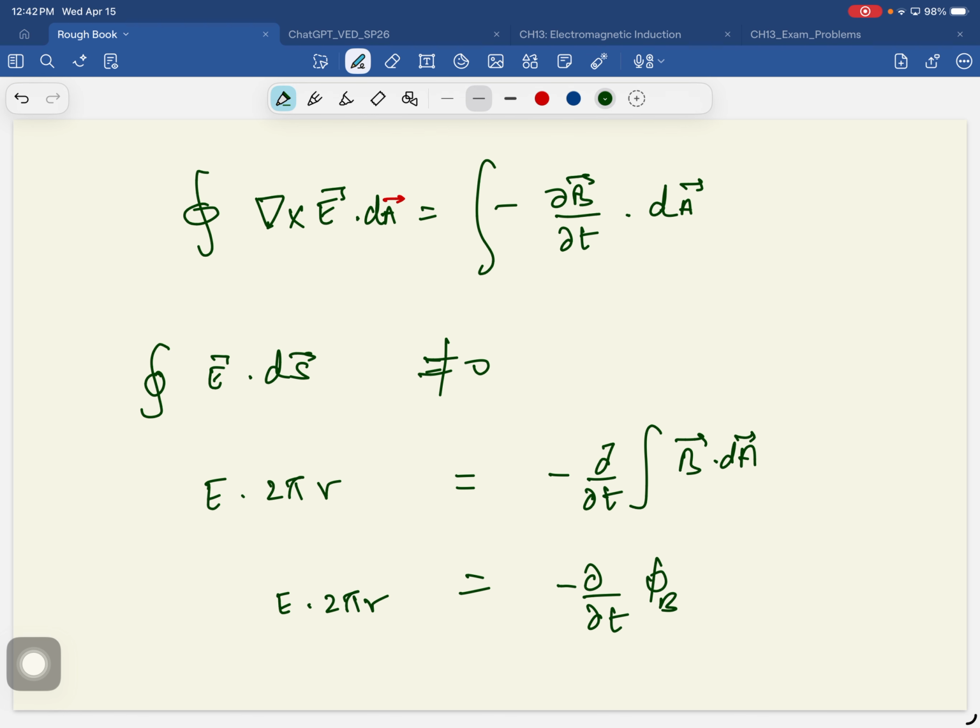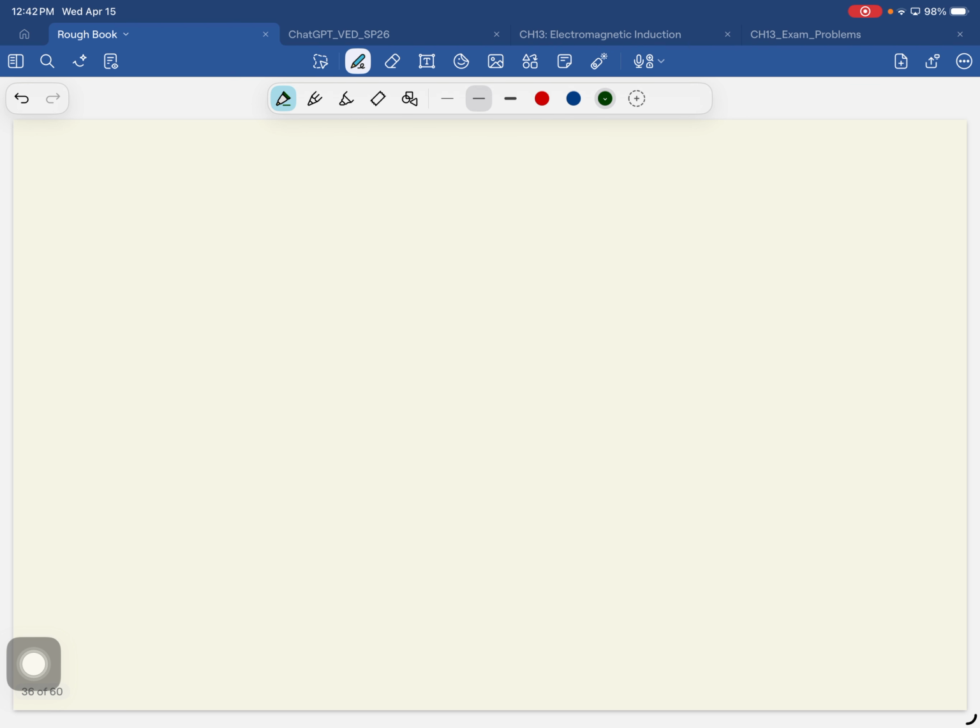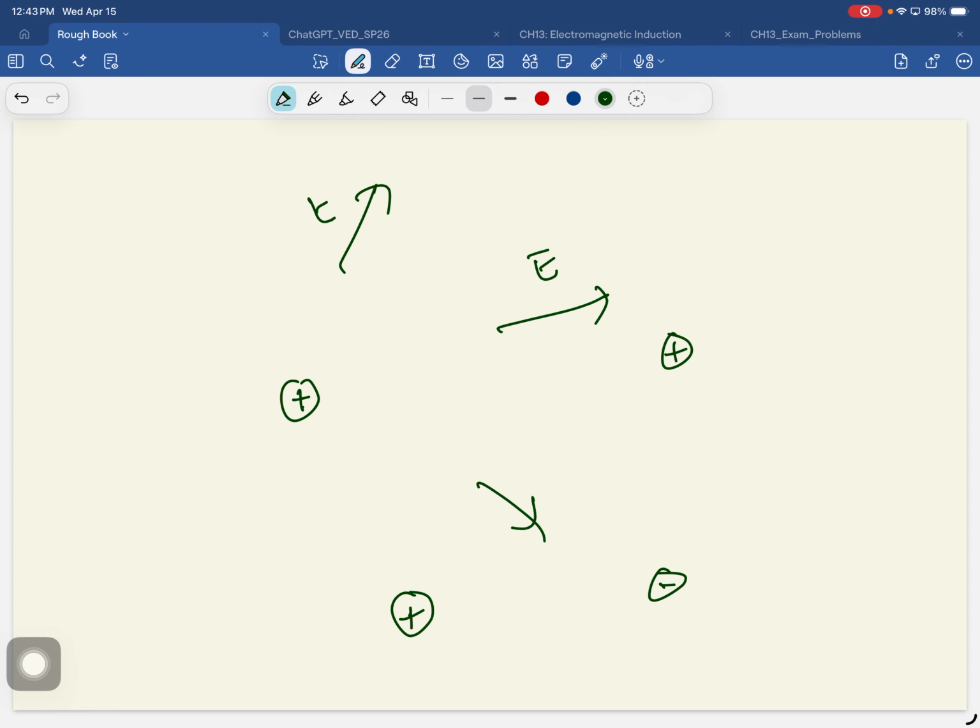It's equal to that, for instance. Now, these charges also produce an electric field in this region. You can take the line integral of this electric field around any closed loop, and this will always be zero. So this is a conservative electric field.